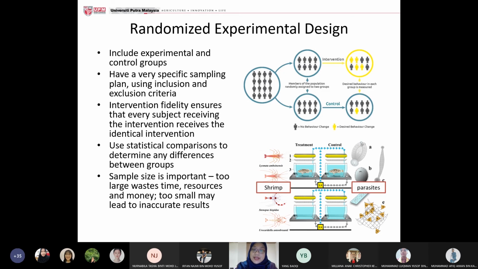And you can eliminate the extraneous variables, because you see in control, out of the 8 people, 1 person changed. So you can actually subtract that from the intervention people. Okay, that's a very general way of looking at it.